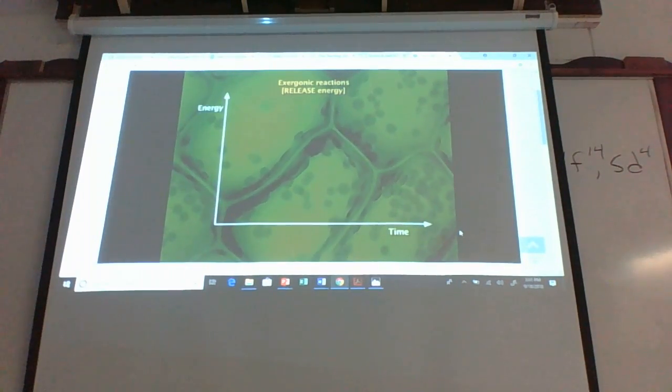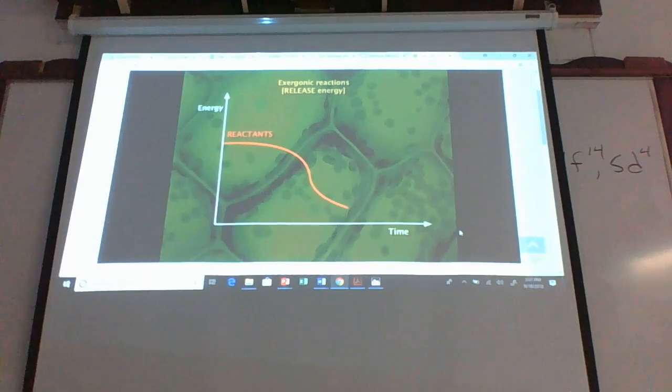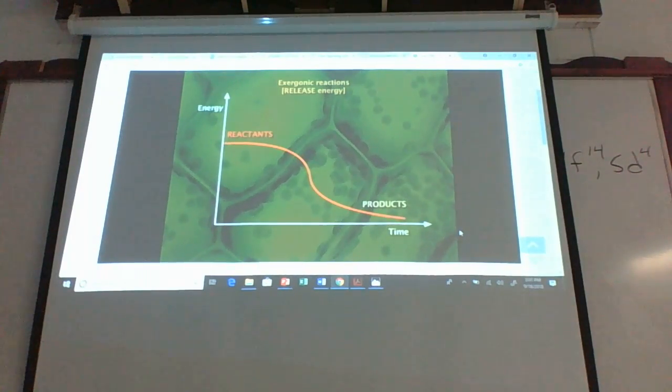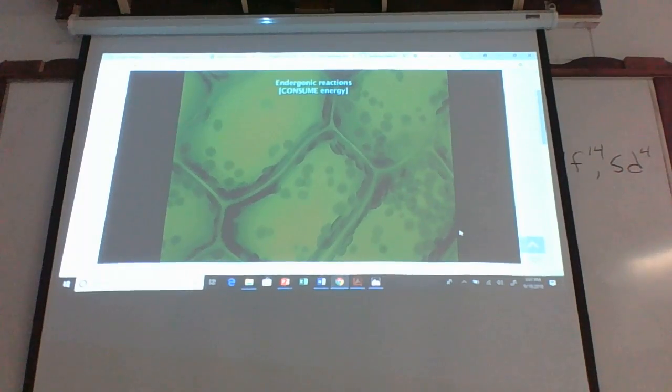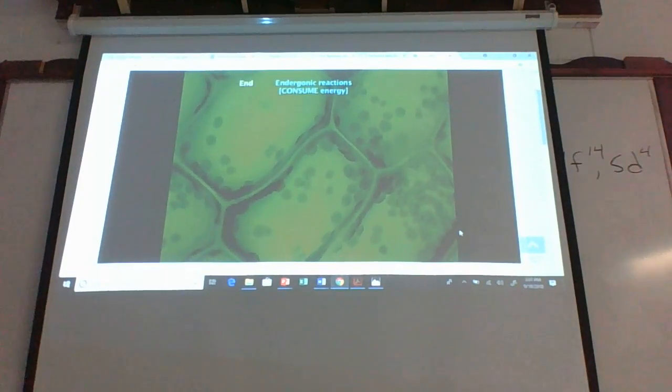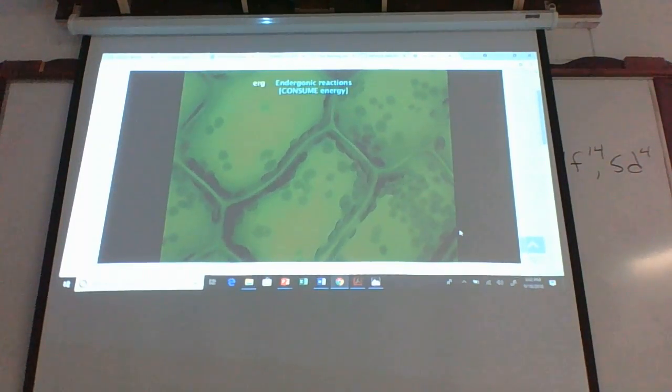In such reactions, there's more chemical energy in the reactants than the products, so energy is released. Reactions that consume energy are called endergonic reactions. End as in inside, and again erg as in energy.